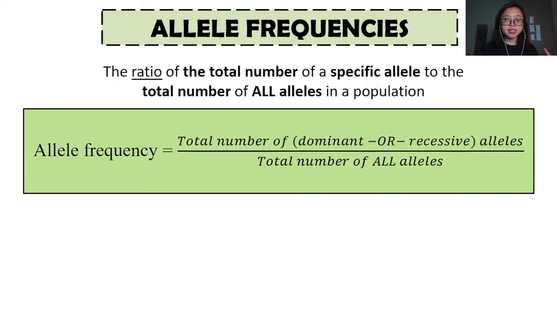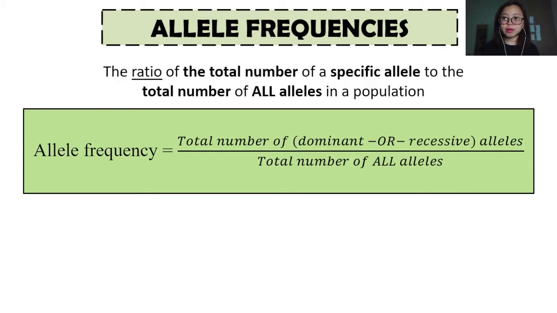That formula is allele frequency equals total number of dominant alleles over total number of all alleles, if you're looking for dominant allele frequency. If you're looking for recessive allele frequency, then it is allele frequency equals total number of recessive alleles divided by total number of all alleles.